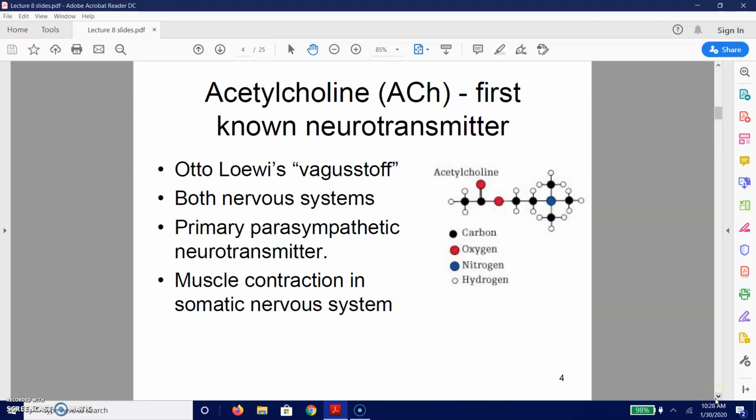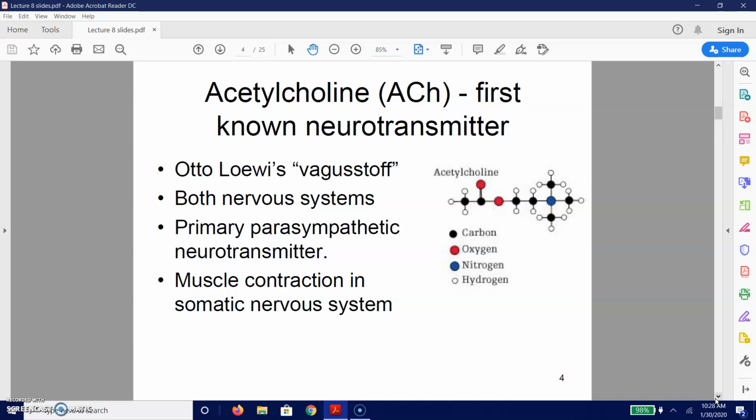So we're going to move on to talk about the very first known neurotransmitter. It was identified in 1921 by Otto Loewy, who we will talk about very soon. His experiments showed that chemicals were the method of communication between neurons, and that's what those neurotransmitters are.